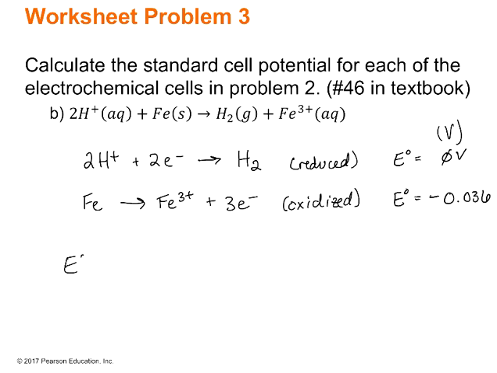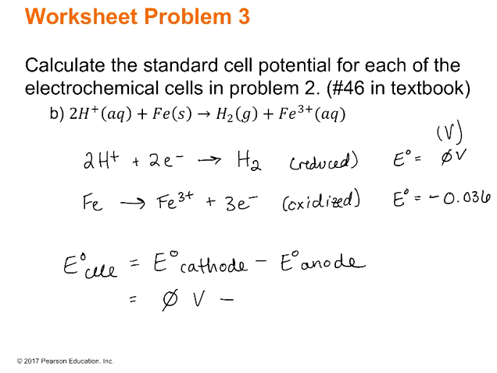All right, so now we're just going to plug in what we already calculated before. So we're going to take the cathode potential and subtract the anode potential. So which one is the cathode? What did we say earlier? So the first half reaction, right? So we're going to put 0 volts there.